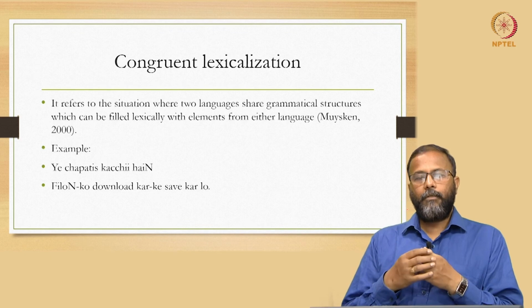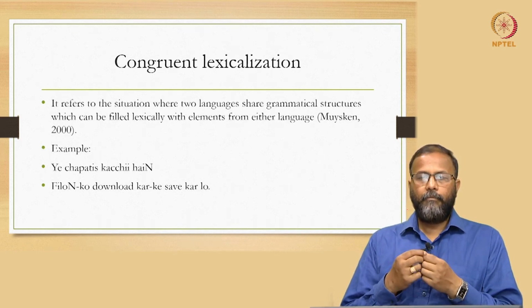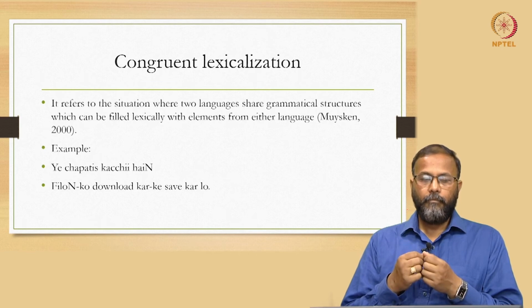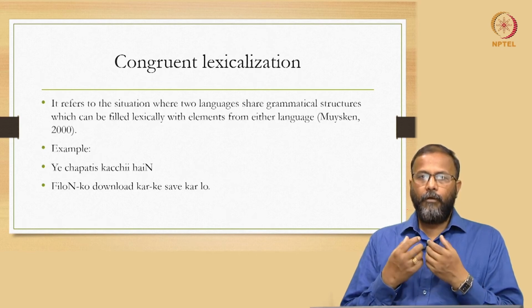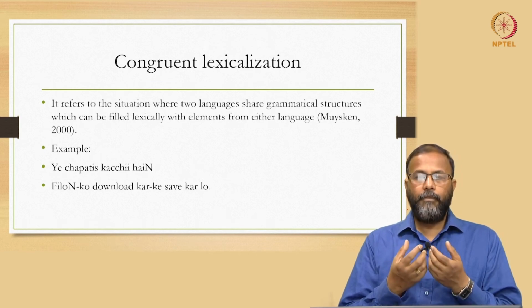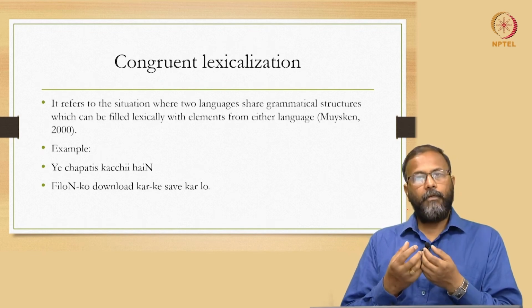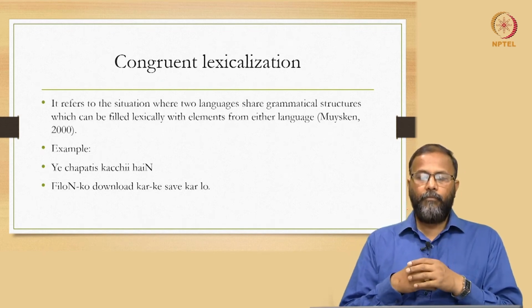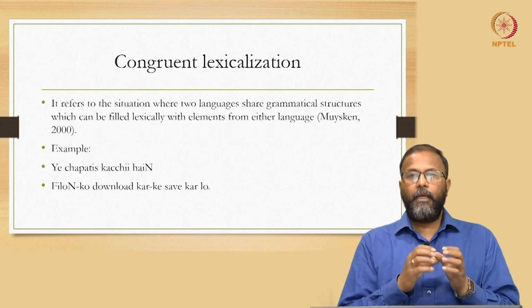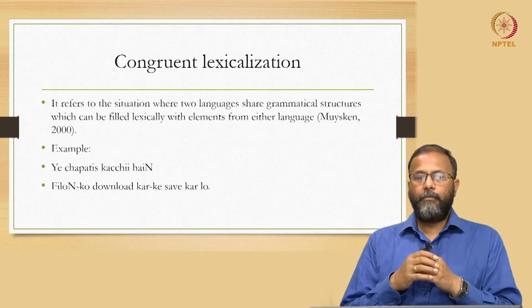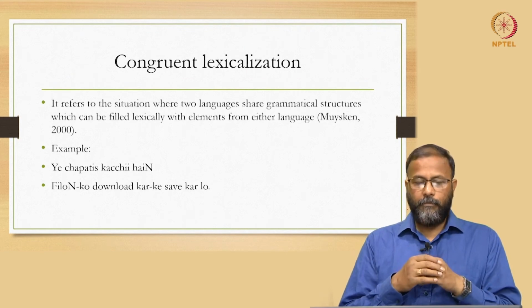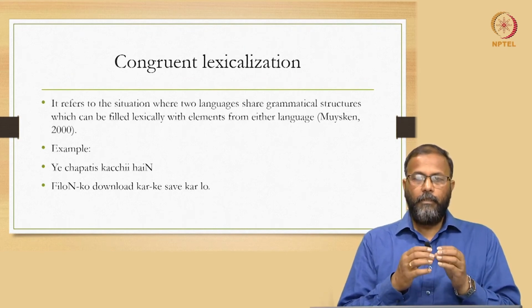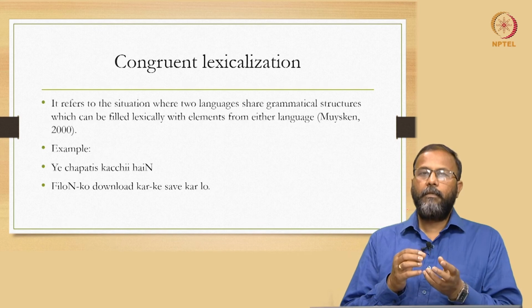The third pattern is called congruent lexicalization. What is that? Congruent lexicalization refers to the situation where two languages share grammatical structures which can be filled lexically with elements from either language. Let us look at the sentence, for example, ये चपातीज कच्ची हैं.